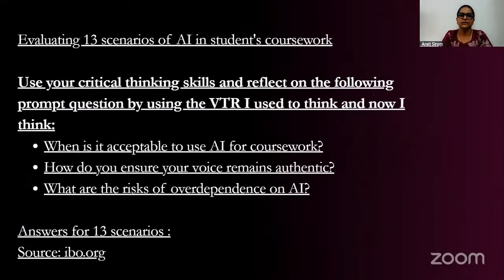All right, so this is something very important where IB has given us the guidelines on how to use AI. Say, for example, a student wants to just translate from one language to another.